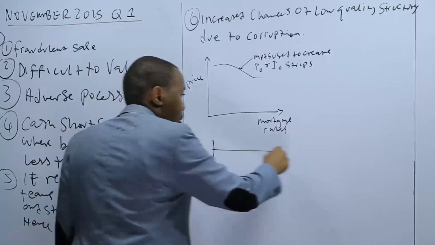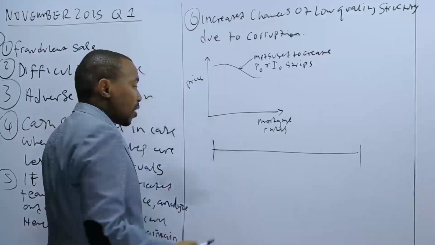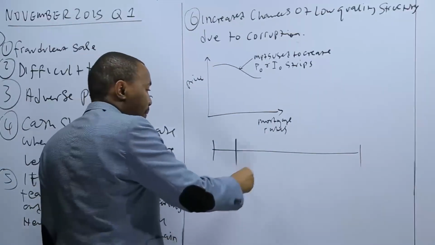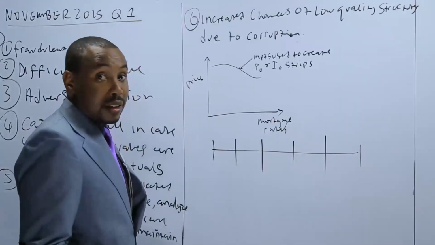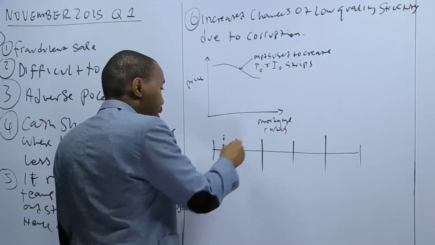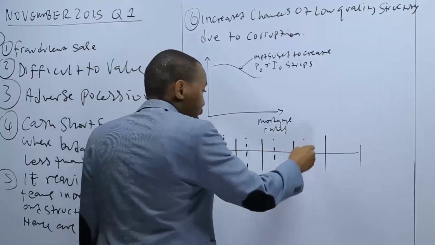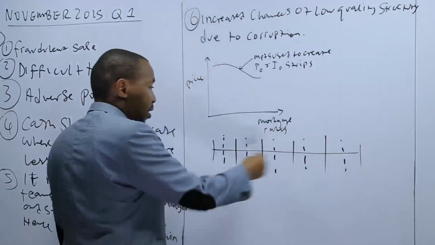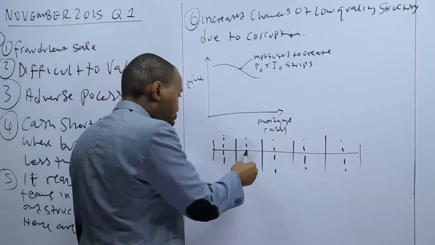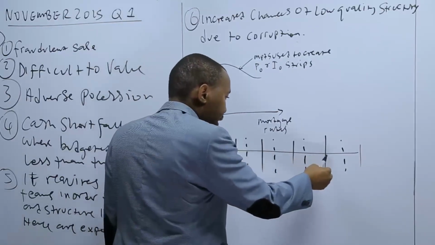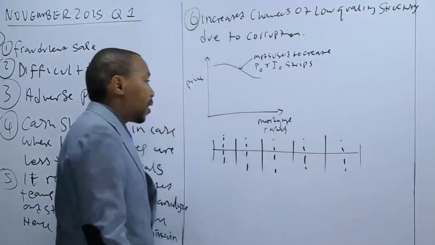If you have the investment horizon being like this, especially when it's a fixed income instrument, if that is the first year, second year, third year, fourth year, and that is the fifth year, you expect interest payments to be earned in between those periods. So in essence, if it is 5 years, you expect to get 10 payments, 1, 2, 3, 4, 5, 6, 7, 8, 9, and 10.